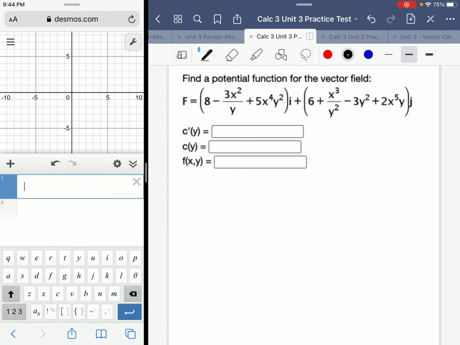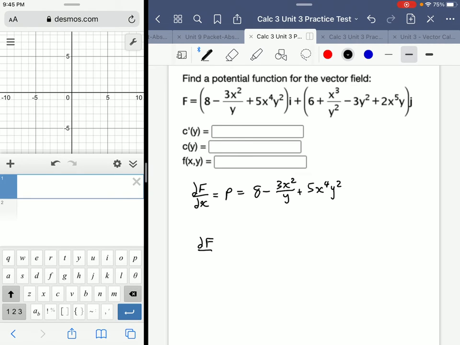So the first component here can be thought of as the first order partial of f with respect to x, which is really the P component, and that's 8 minus 3x squared over y plus 5x to the 4th y squared.